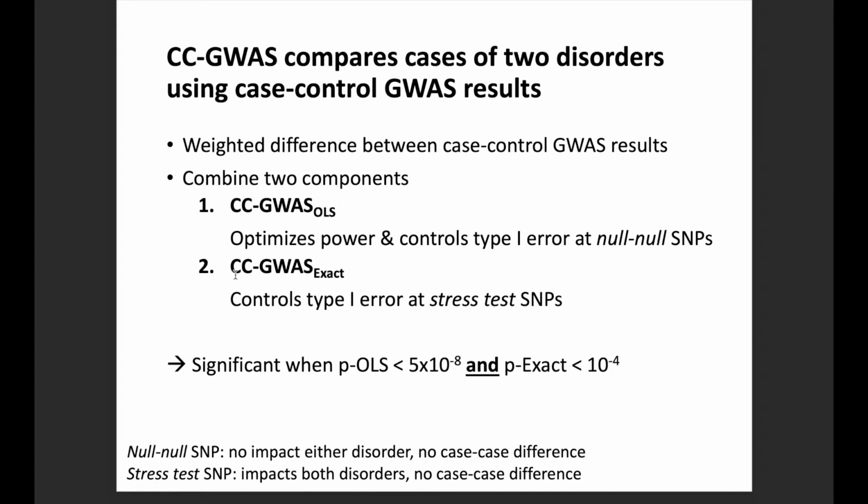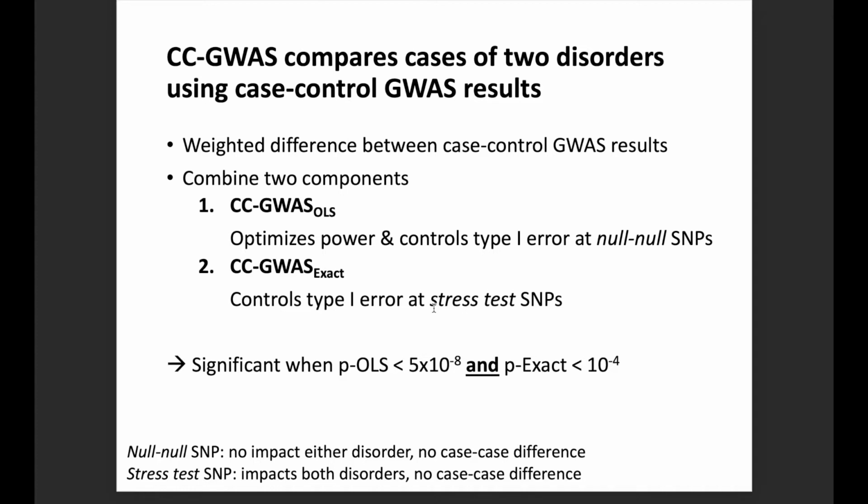And then there is a second component, which we refer to as the CC-GWAS exact component, and the CC-GWAS exact component controls the type 1 error at stress test SNPs. Stress test SNPs are a very specific set of SNPs that impact both disorders, but have no case-case difference, so that the impact on both disorders is exactly the same. This set of stress test SNPs is a very tricky set because they can get type 1 error quickly.